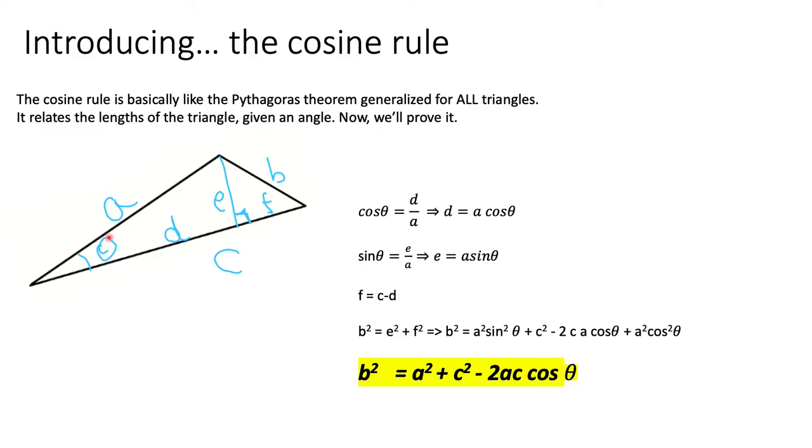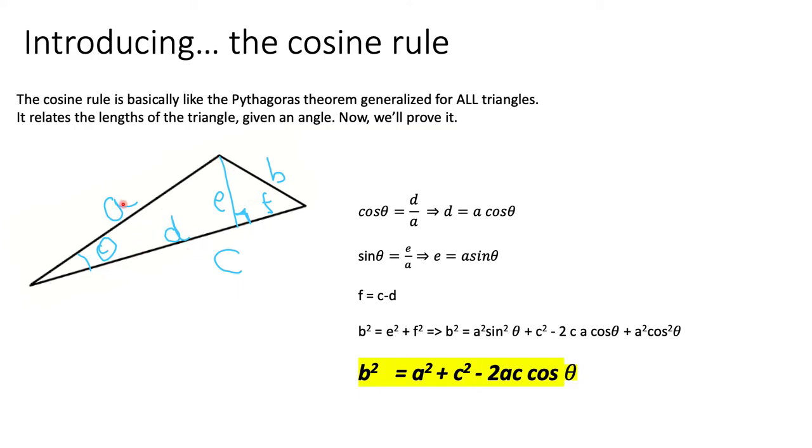So here we have a triangle with side lengths A, B, and C. We drop a perpendicular line from the vertex, and this line is E. So then we have two right angle triangles, one with sides A, E, and D, and the other with sides E, B, and F. Cos of theta is once again the adjacent divided by the hypotenuse.